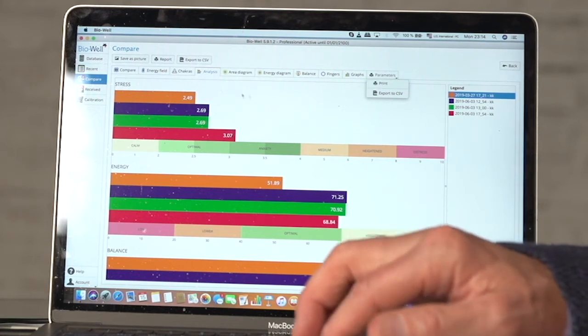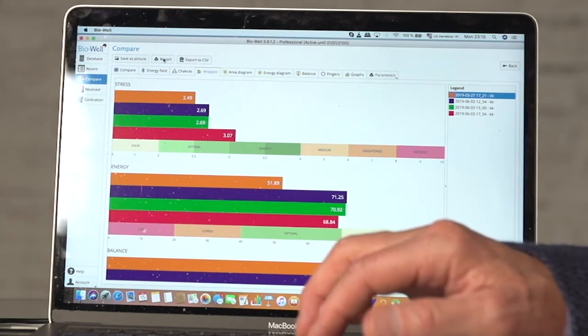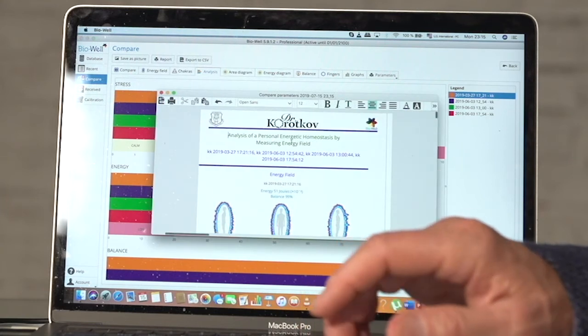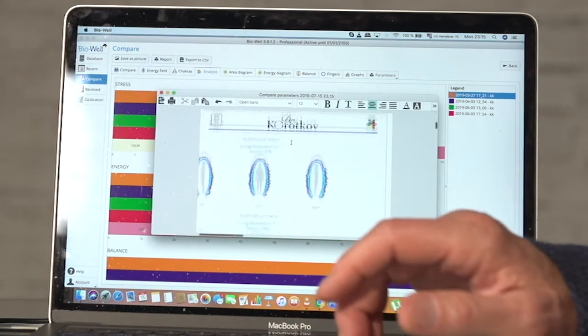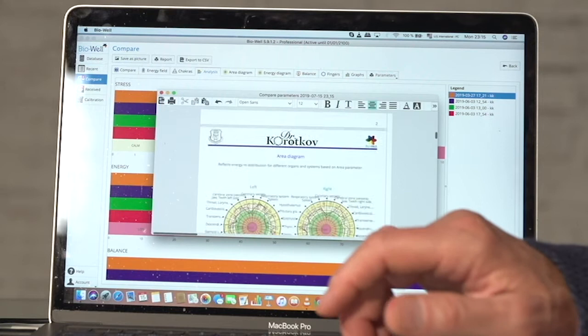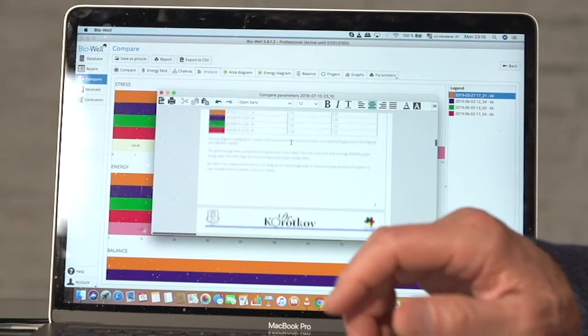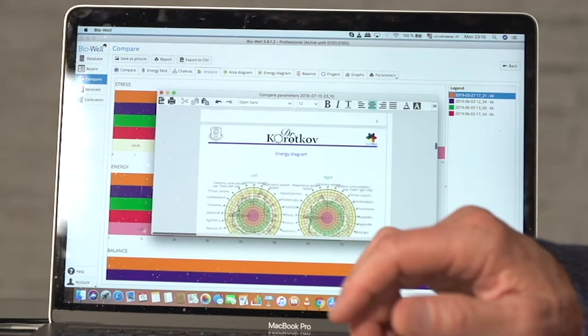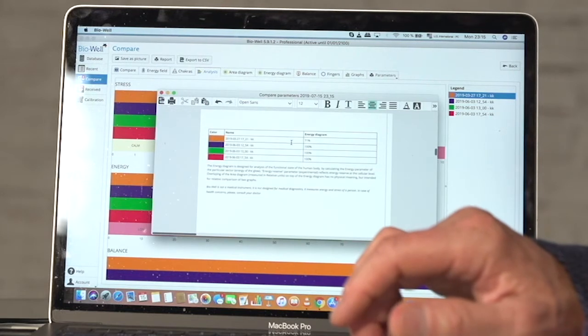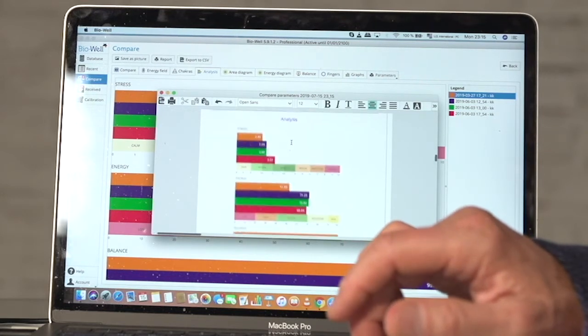create a report. And in this report, you see all those cases, one by one. And you see all this evaluation, comparing different parameters. And again, as in the previous case, you can see what you need and what should be in this report.